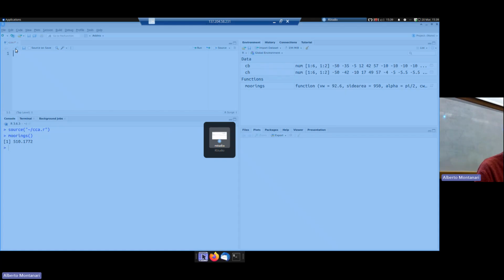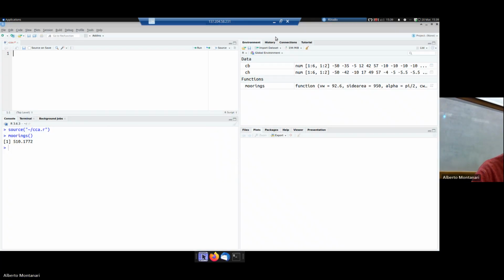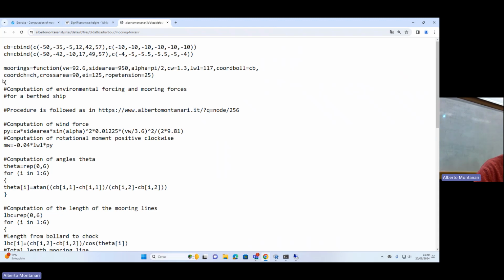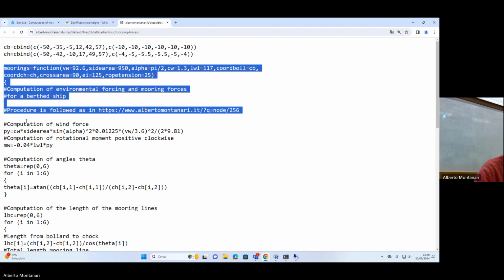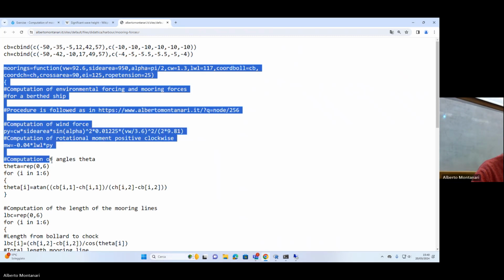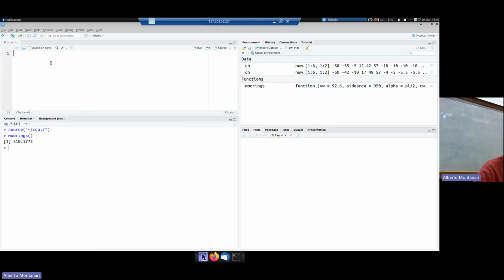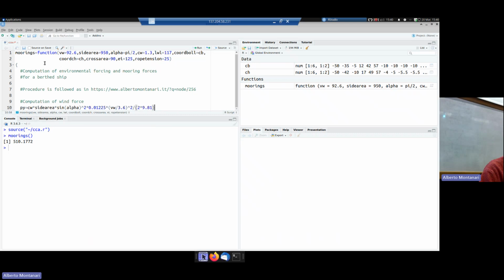If I have the code already written here, let's suppose that I found this code on the web. That's fine. I can copy all of it up to here, copy, and then I can go here, paste, and that's it.